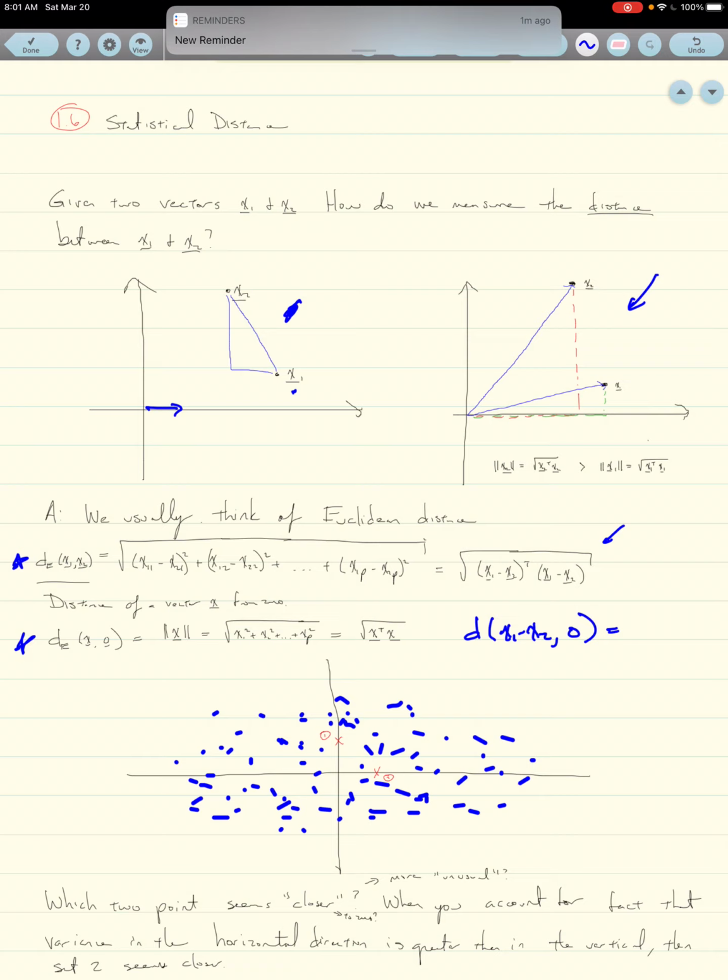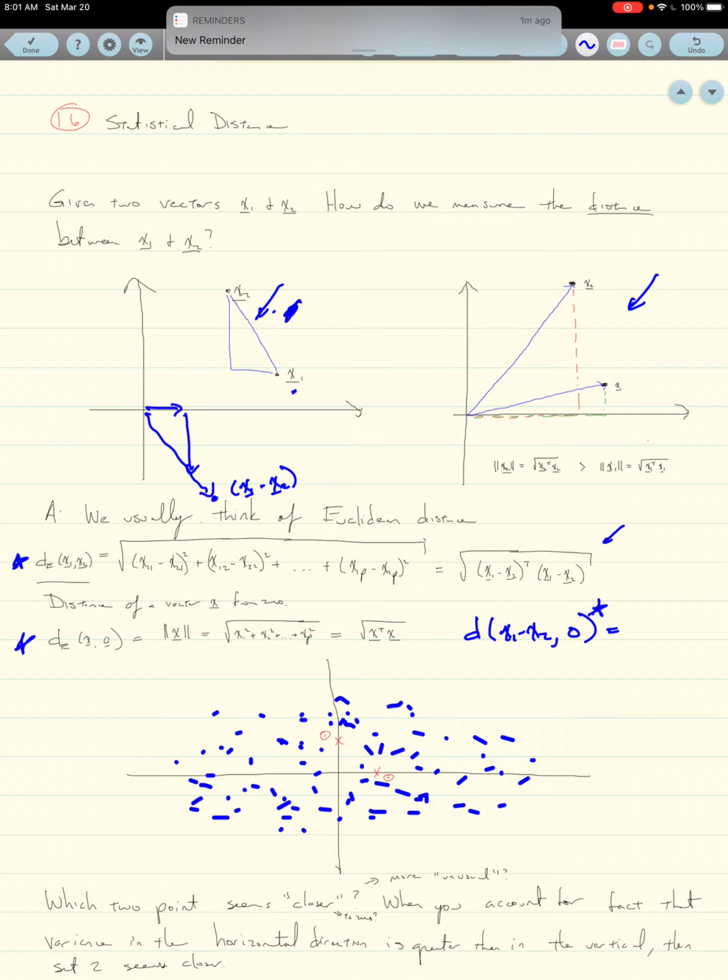If I take x1 minus x2, the second coordinate of x1 is smaller than the second coordinate of x2, it would shift it down, and we'd end up with a vector down here, which would be x1 minus x2, and its distance from 0 would equal that segment of the triangle as before. Okay, so that's what I've tried to draw here.